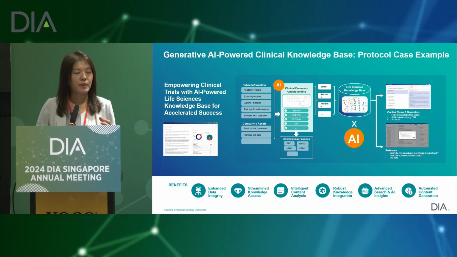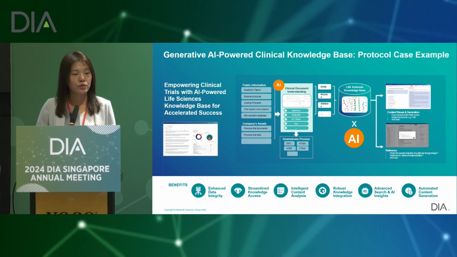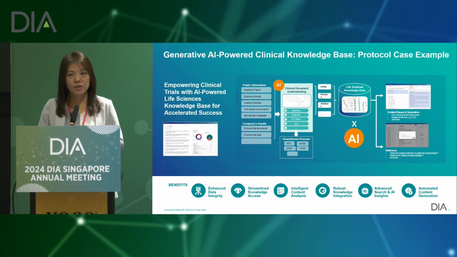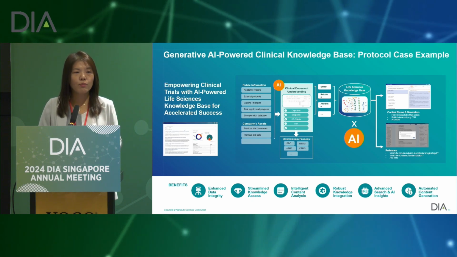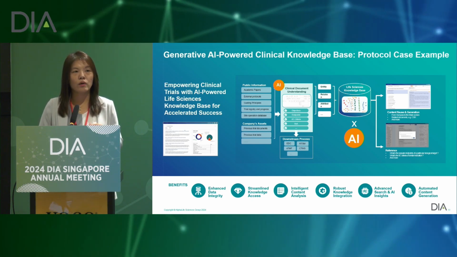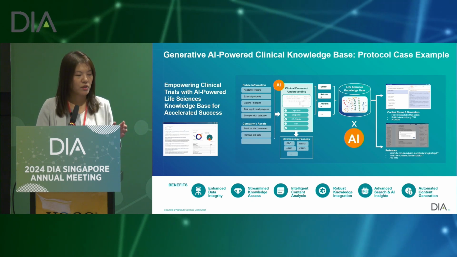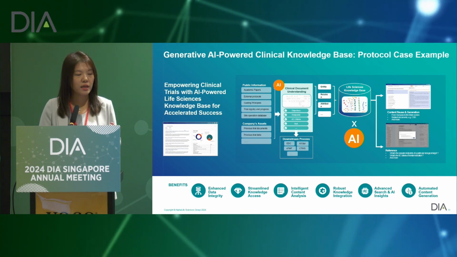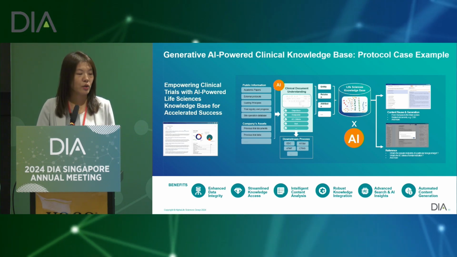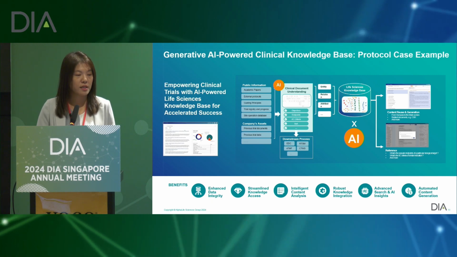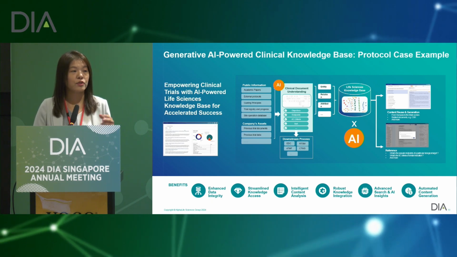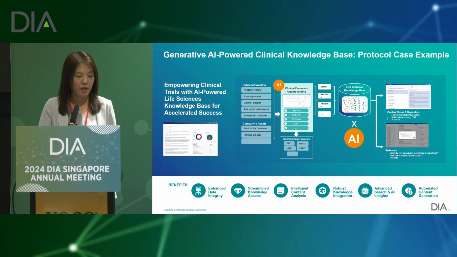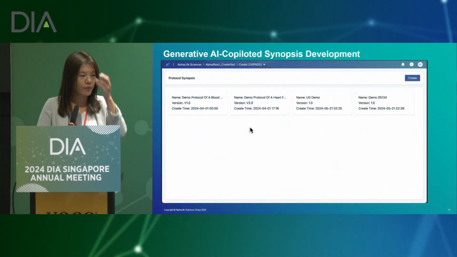What that does is allow our users, when they're developing their synopsis or protocol, to intake the information, help generate the content, and do a lot of referencing. All this process helps our end users to have streamlined knowledge access, plus use the AI insights, and then further automate generation of the contents.